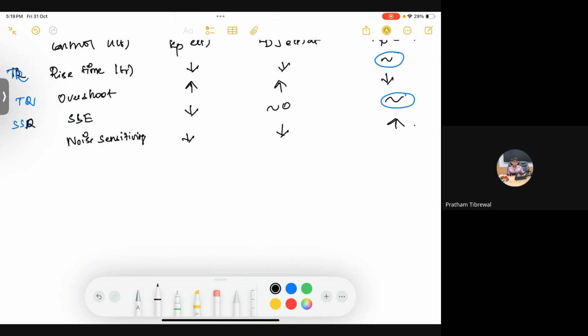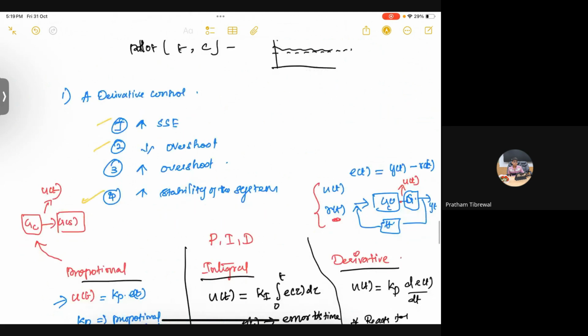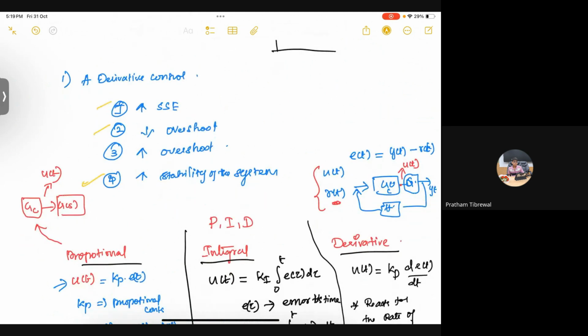Right. So coming to the point where we started off with this question, can you see what options would be suitable here? A derivative control, will it increase or reduce the steady state error, overshoot, stability? What do you think would be suitable?